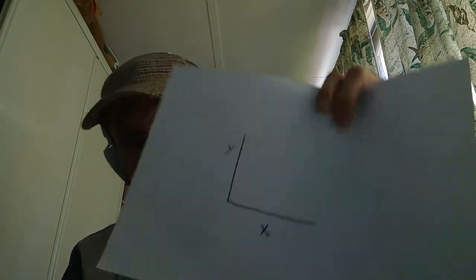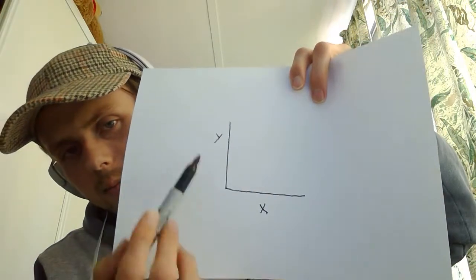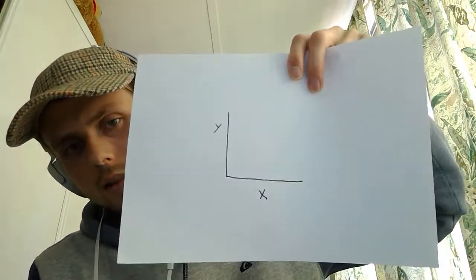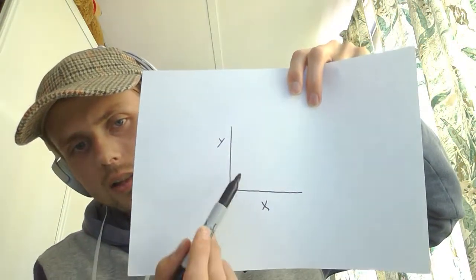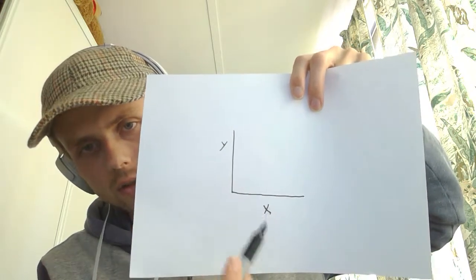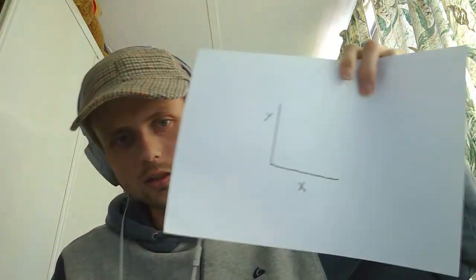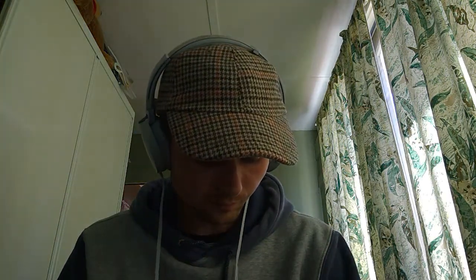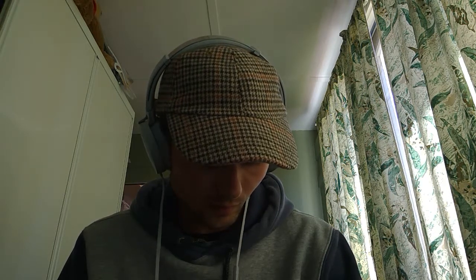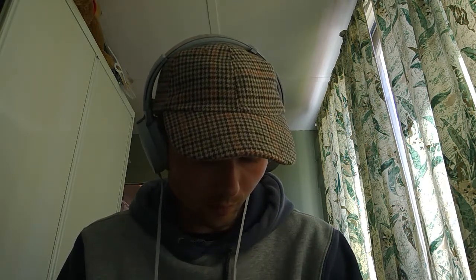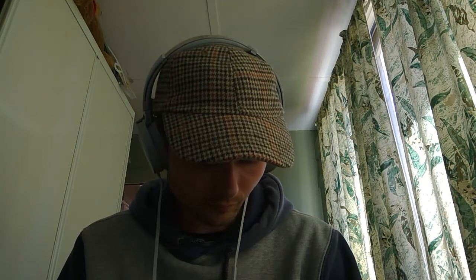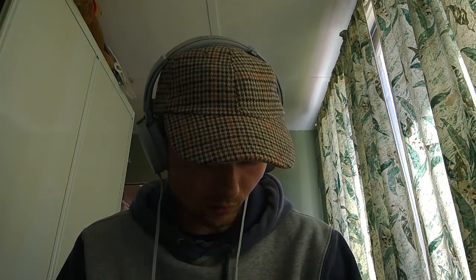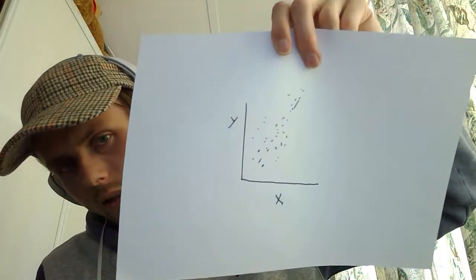Here is an xy axis, and as you can see, it is good, an xy axis. And then regression, just a quick recap of regression. It's basically like plotting data. Say we had data we collected and it was something like this.